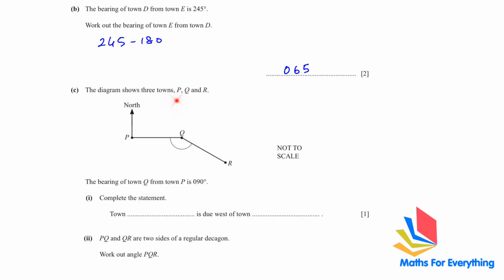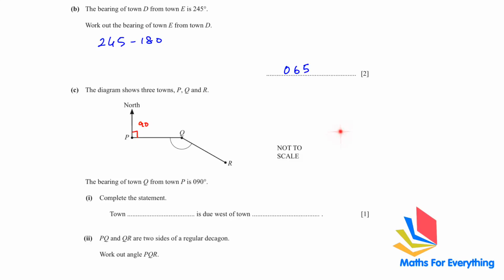Next, the diagram shows 3 towns, P, Q, and R. The bearing of town Q from town P is 90 degrees. This is 90 degrees. And complete the statement. Town dash is due west of town dash.